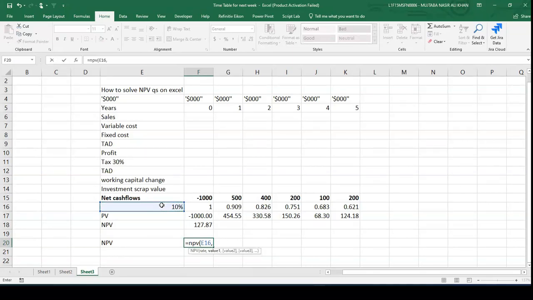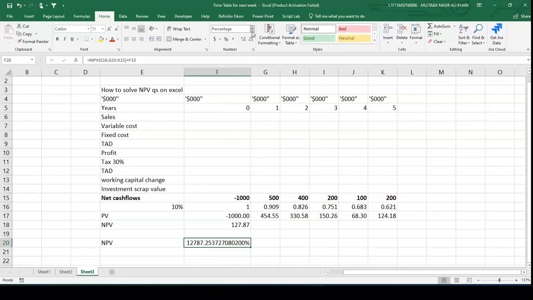Select all cash flows from year 1 onwards. Remember the rule. Select all cash flows from year 1 onwards. Bracket close and deduct the initial investment. But initial investment is already negative. That's why I will add the initial investment. Otherwise, negative will become the positive value.